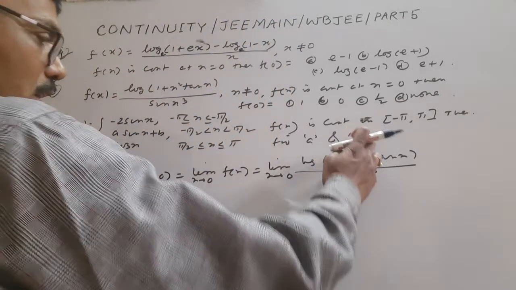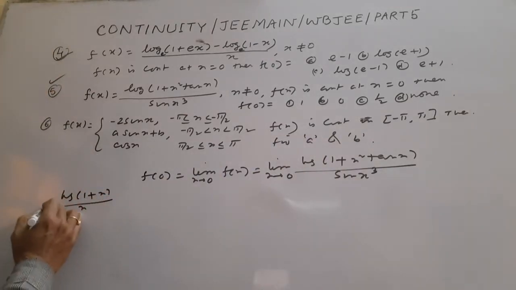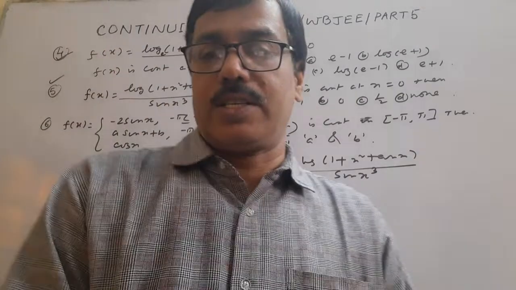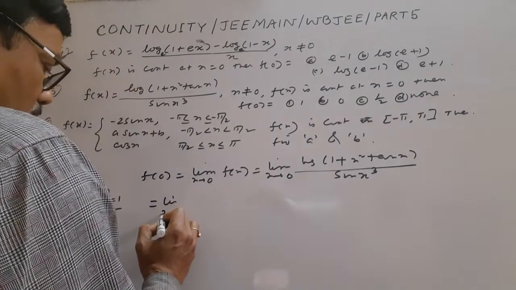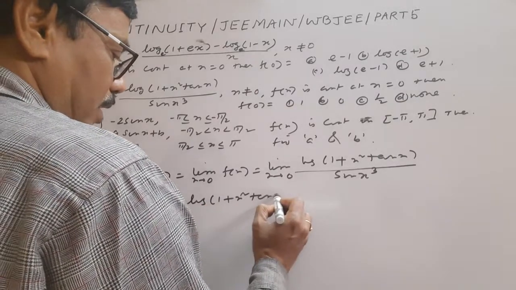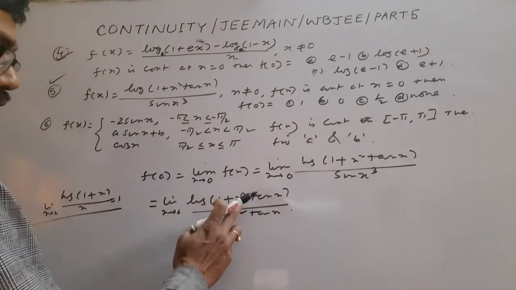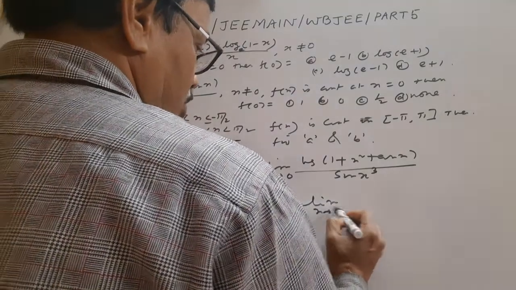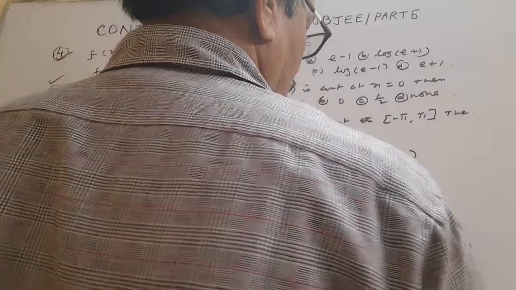What is the standard result of limit? Limit x tends to 0 of log(1 plus x) by x equals 1, and sin x by x equals 1. So look, we can write it as limit x tends to 0 of log(1 plus x square tan x) by x square tan x, as x tends to 0, x square tan x tends to 0, into limit x tends to 0 of x square tan x by sin x cube.